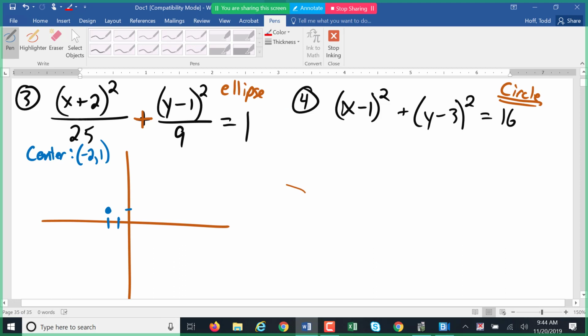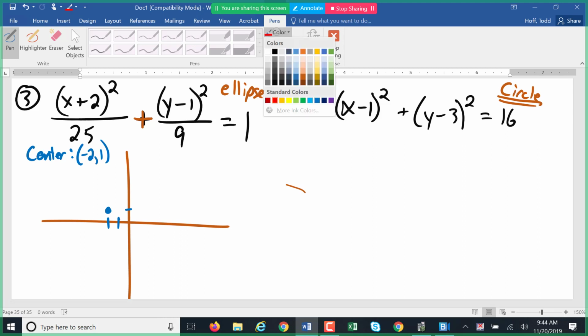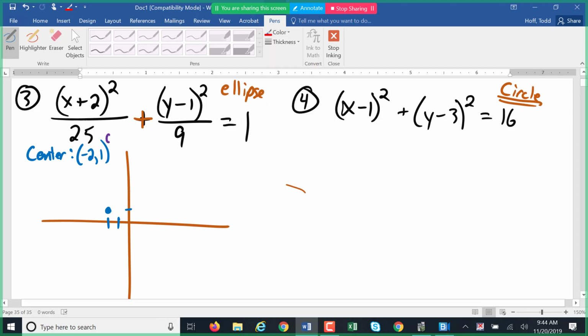What matters is which one has the larger number underneath it. X has 25 under it. That's saying a squared is 25, so that a has to be 5. So that's under the x. That means we go in the x direction. 1, 2, 3, 4, 5. 1, 2, 3, 4, 5.